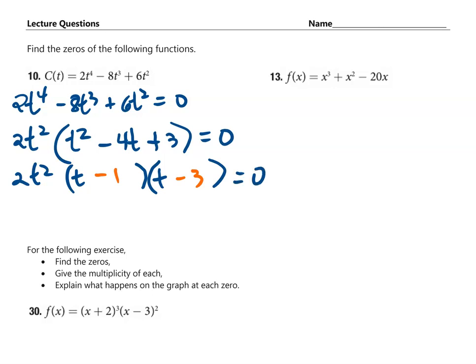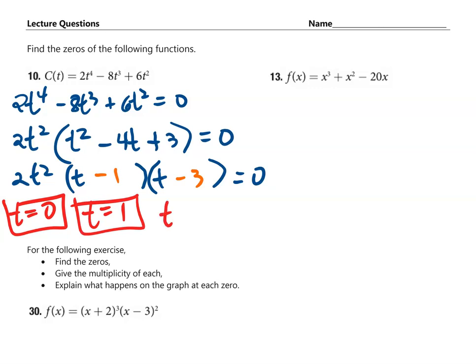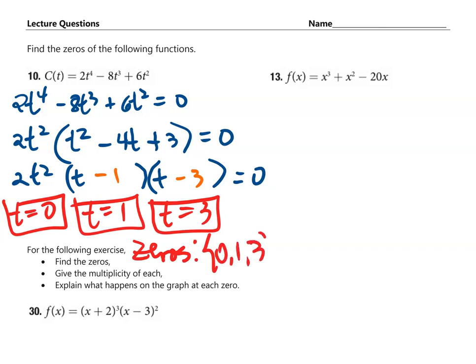So now, after you get all the factors, set each factor to 0 and solve for t. For 2t squared, t is going to be 0. For t minus 1, t is equal to 1. For t minus 3, t is equal to 3. So the zeros are 0, 1, and 3. That is for number 10.